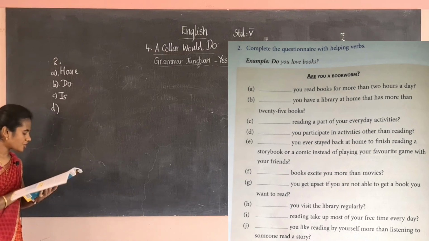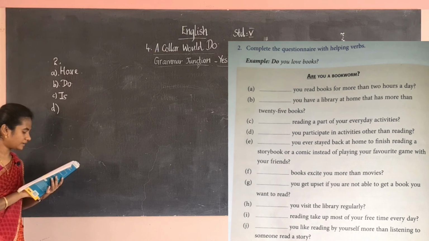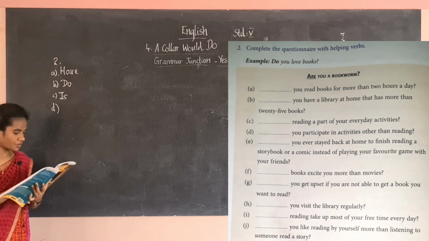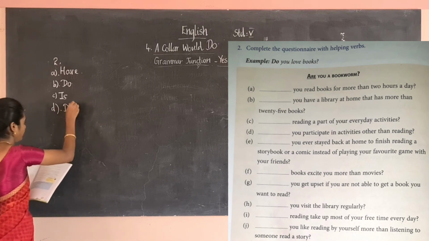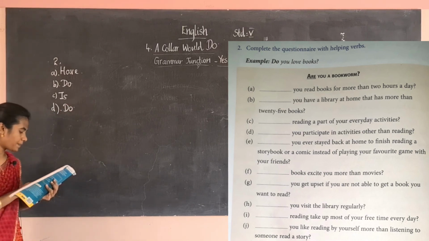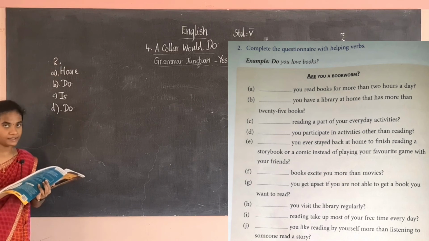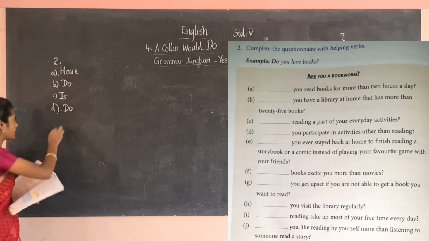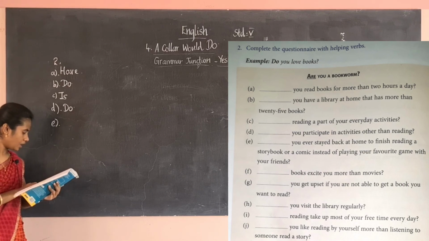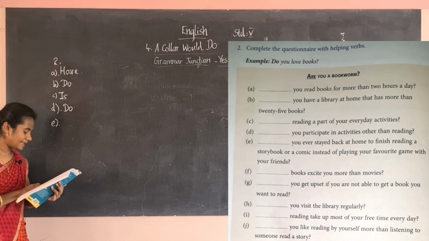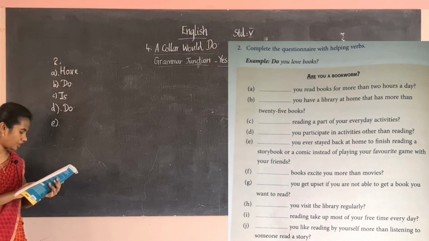Then D: dash you participate in activity other than reading. Here do is the answer. Do you participate in activity other than reading? Then E: dash you ever stay back at home to finish reading a storybook or a comic instead of playing your favorite game with your friends?